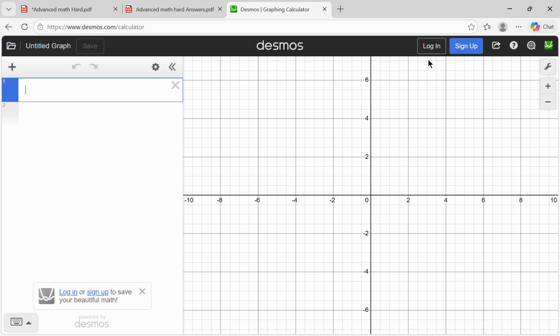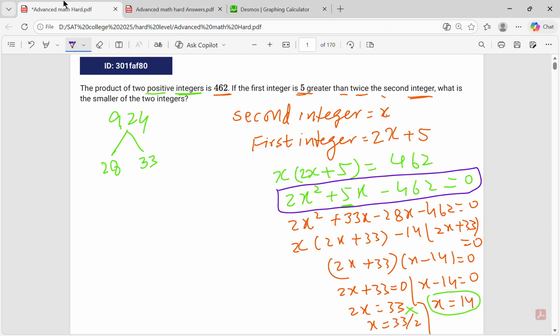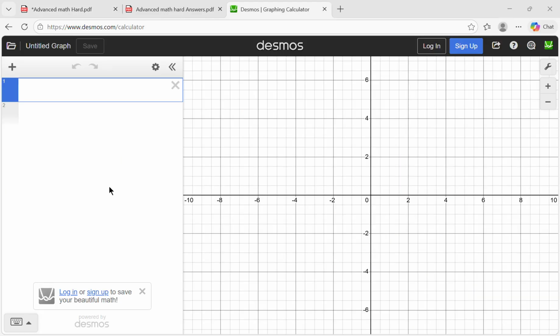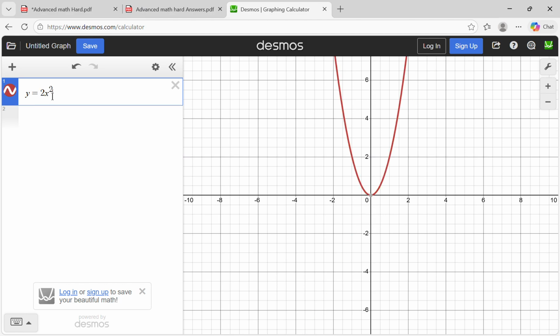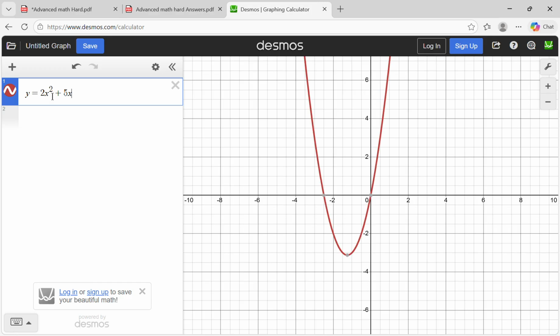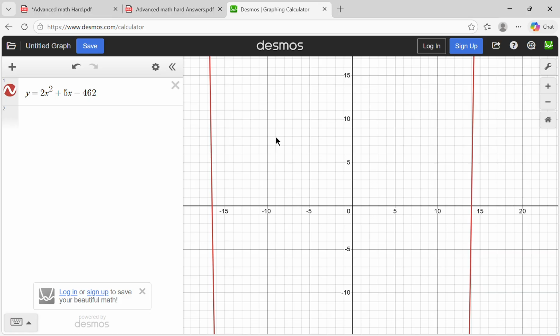Instead of 0 I will write y, so y is equal to 2x squared plus 5x minus 462.